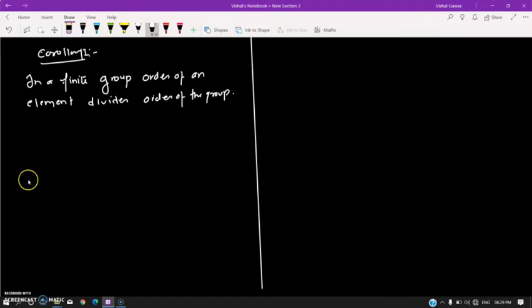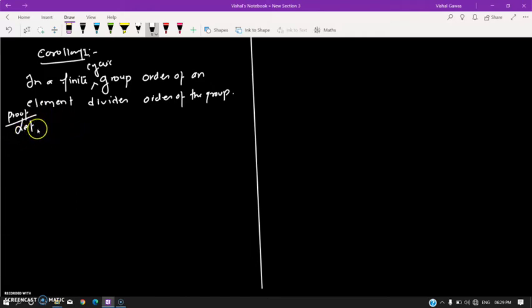Let's look at the proof of this, for a finite cyclic group rather. Let me add a finite cyclic group. The order of an element divides the order of the group. That's very much trivial.